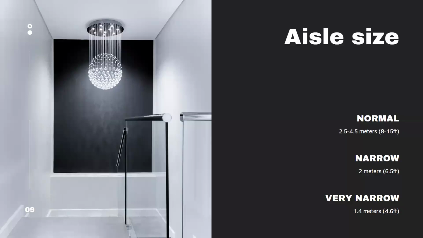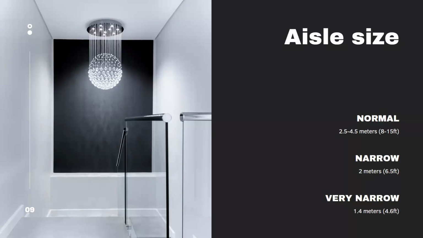With this size, we can only use a narrow aisle forklift, the smaller one, and it has lower capacity. And if you want to maximize your storage and minimize your aisles, the size should not be smaller than 1.4 meters or 4.6 feet.